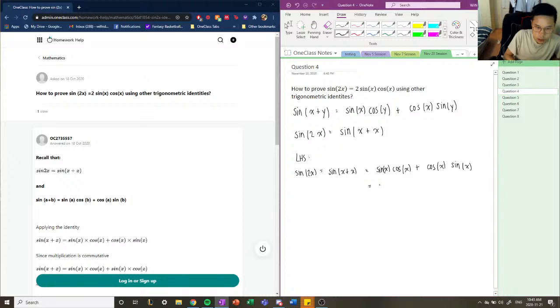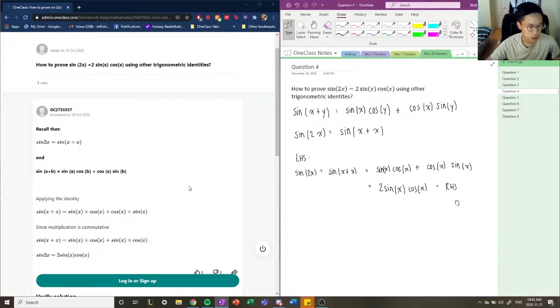And this equals 2 sine x cos x, which equals the right-hand side. So we just proved this trigonometric identity. That was pretty simple.